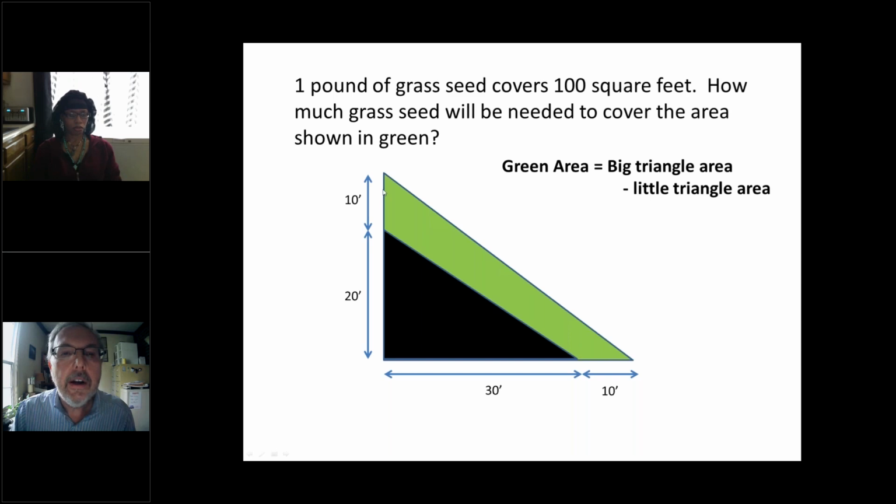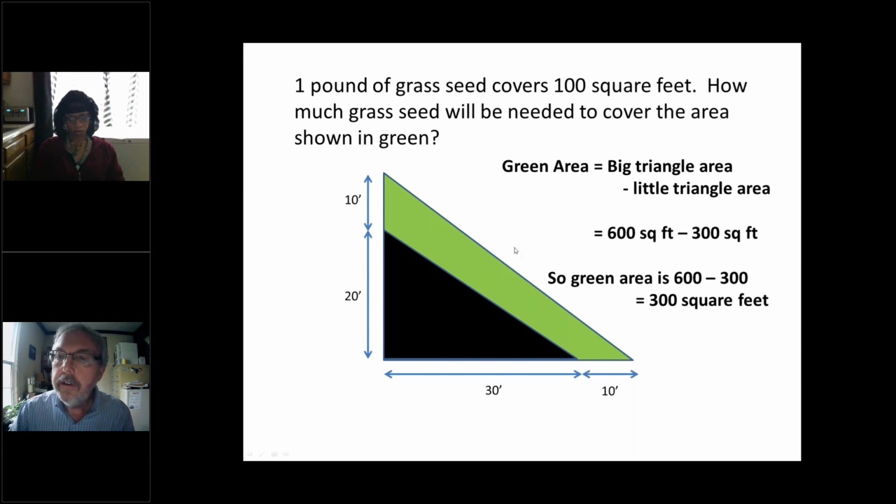So it works exactly the same way with area problems. What we did, we figured out what this big area was, and we figured out what this little area was. And since we know we don't need to plant any grass seed in this area, we took it away. And that left us with this area. So the big triangle, we said, was 600 square feet.